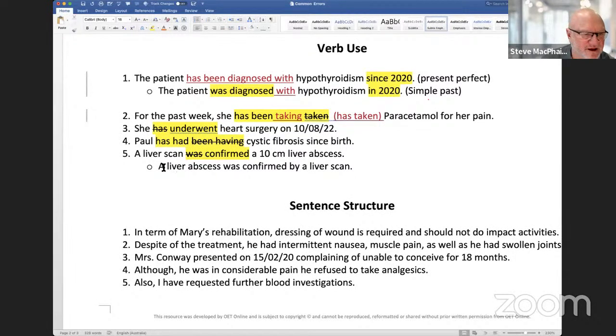And you can put the details here. 10-centimeter liver abscess. So now we're going to use was confirmed, now it's correct.